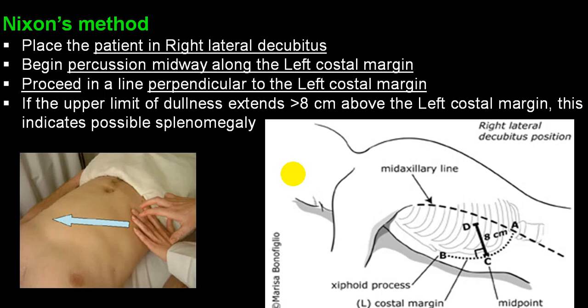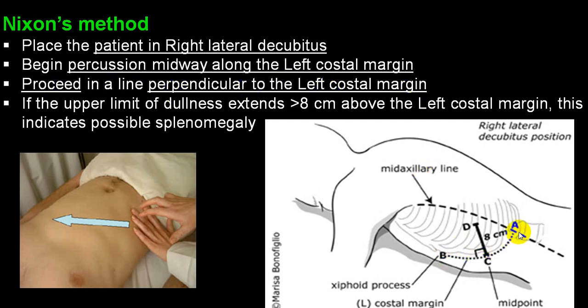There is one technique called the Nixon method. Place the person in a right lateral decubitus position and then do the percussion. In that technique, you percuss midway along the left costal margin and then proceed in a line perpendicular to the left costal margin.